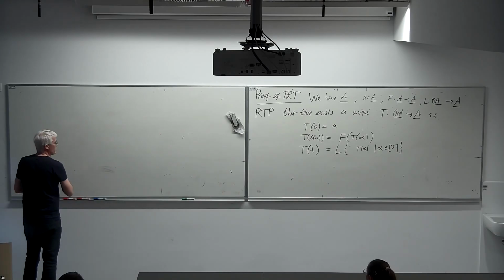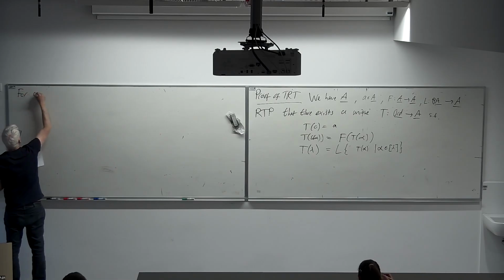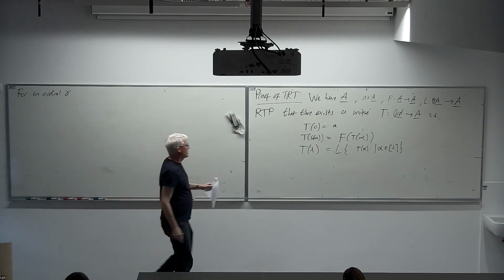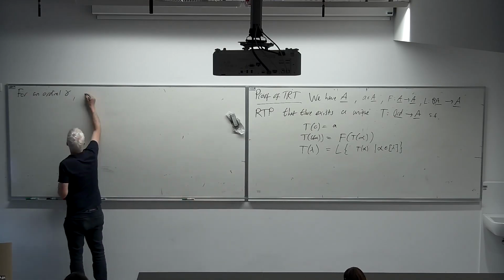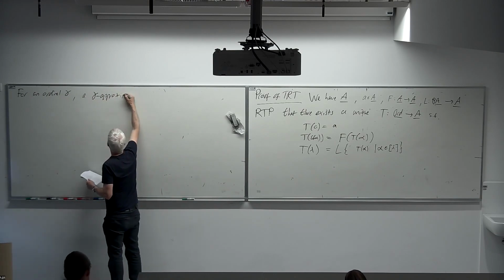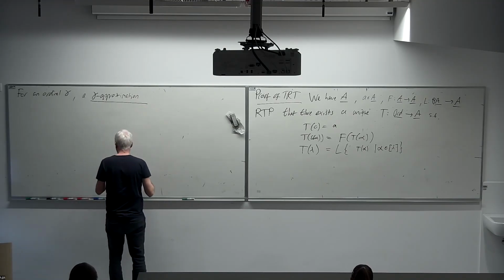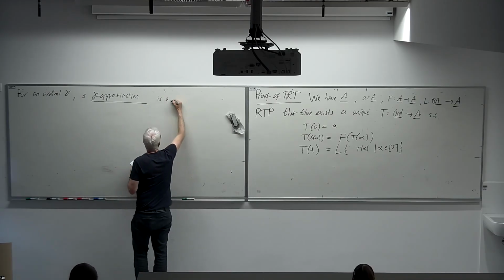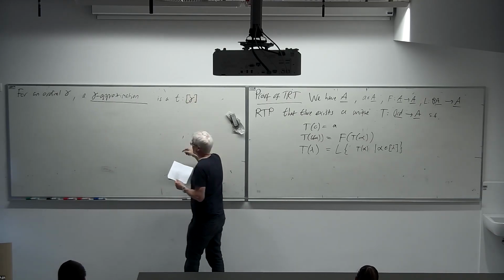Actually, I'm going to use gamma for the approximations. So for an ordinal gamma, we're going to define what we mean by a gamma approximation to T. A gamma approximation, and I won't bother writing to T because we're only going to consider approximations to T, is a function defined on the ordinals strictly below gamma.